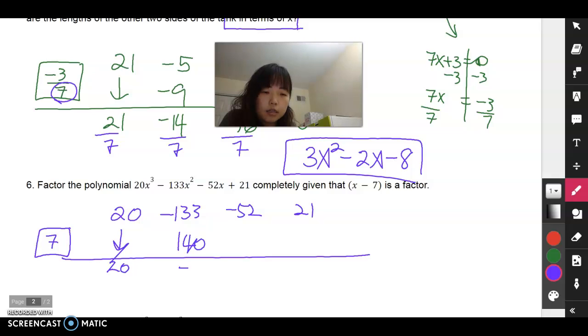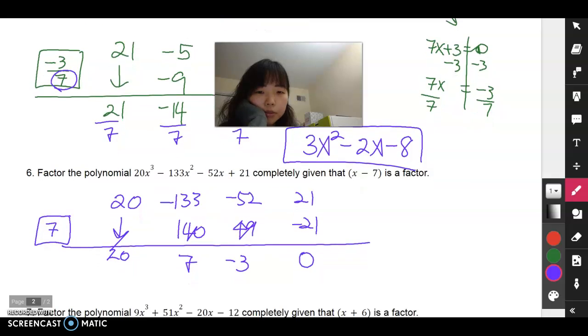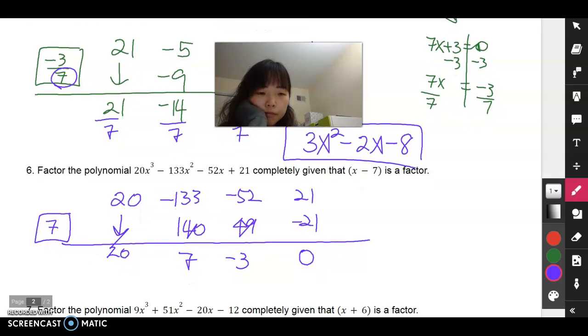Multiply, add, multiply, add, multiply, add. We just keep doing that. There was no fraction, so it's just 20x squared plus 7x minus 3.